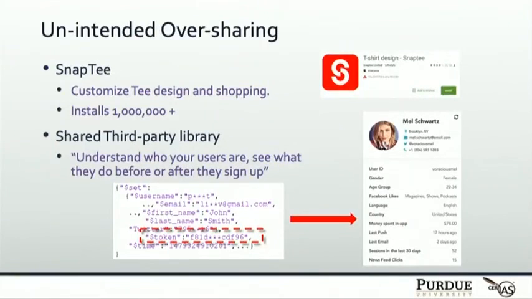And this case is an unintended oversharing case. This app is called SnapTea, which is used for customizing tea design and shopping. We found that it is sharing the user's information to a third-party library. The library claimed that it can help to understand who your users are, and see what they do before or after they sign up. Obviously it is collecting private data.